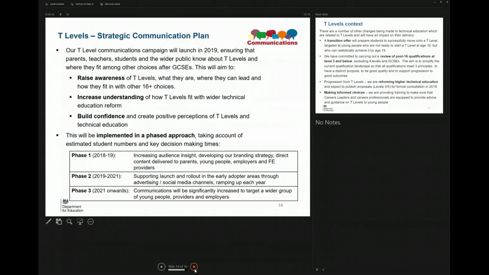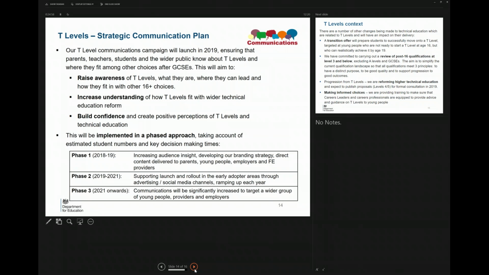And to scale that up over time, so there's a real balance that we're trying to strike in terms of building awareness early enough for T-levels, but recognising that with a provider-focused rollout strategy they won't all be available in all areas for quite a number of years, as we carefully select and support providers to gradually increase their T-level offer.